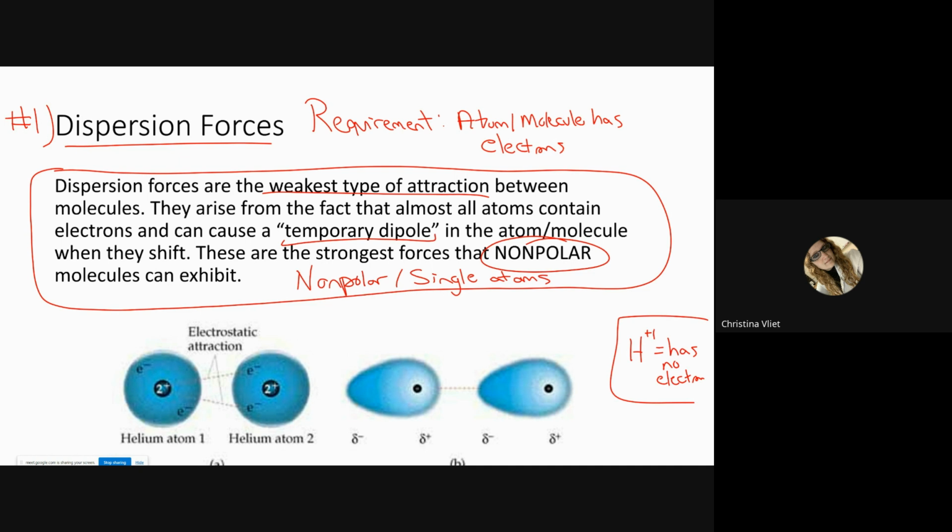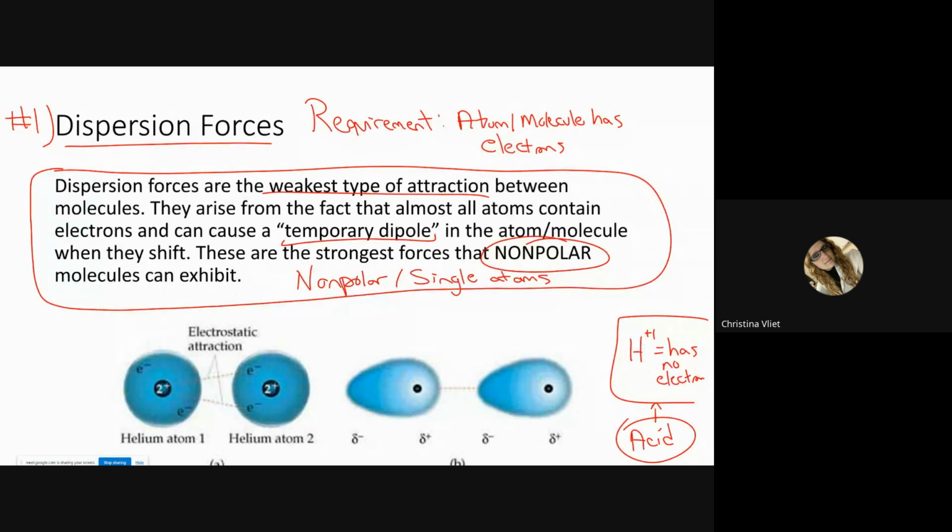Then wouldn't it be stable? Because hydrogen only has one. It's by definition an acid. You may want to write that down because we have a whole unit on acids later this year.